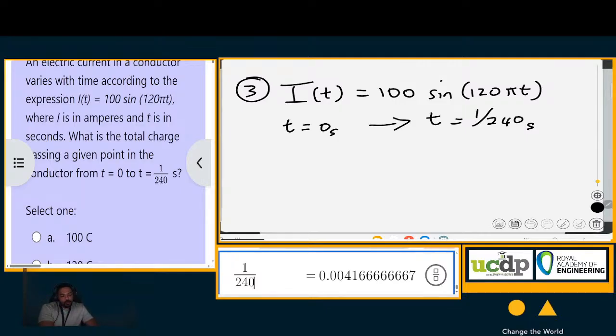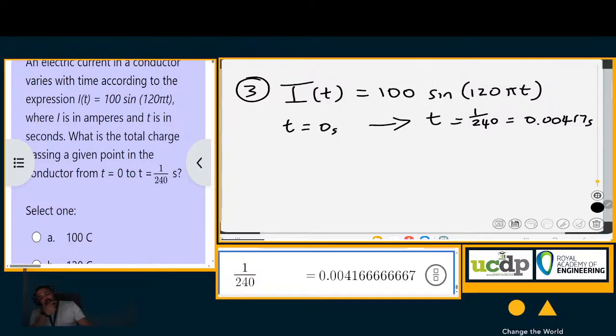So I can actually write 1 over 240 as equal to 0.00417 seconds.